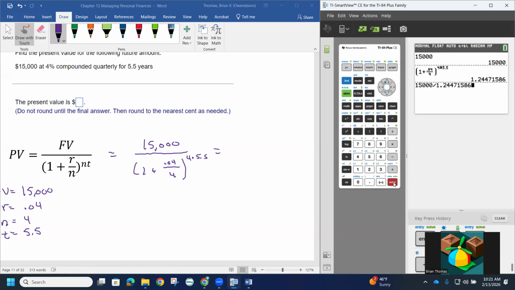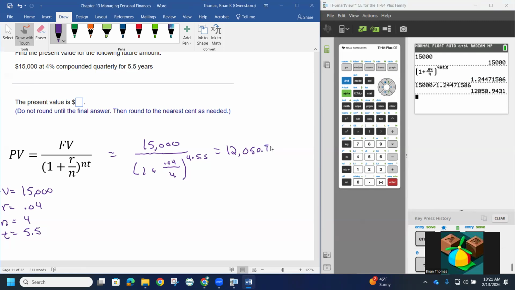Now I have the numerator divided by the denominator. Hit enter, and it gives me that my present value has to be $12,050.94. It does say round to the nearest cent.